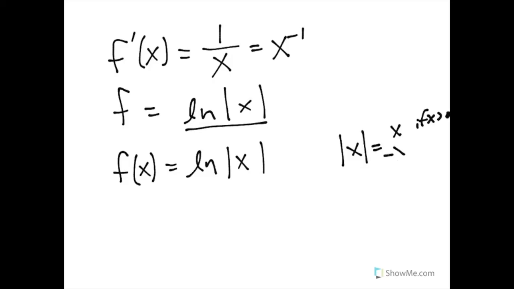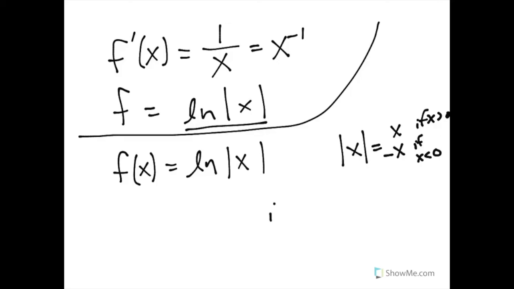And it's actually equal to the negative value of x if x is less than 0. And this works out pretty nicely because you might remember that the domain of the natural log function is only positive numbers, no negative numbers. So if x is greater than 0, then the natural log of the absolute value of x is equal to the natural log of just x.